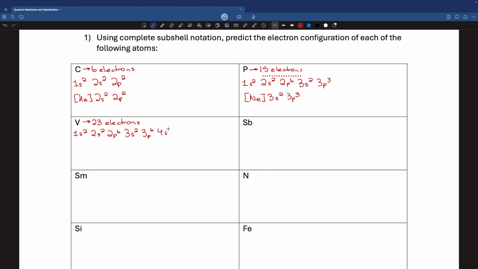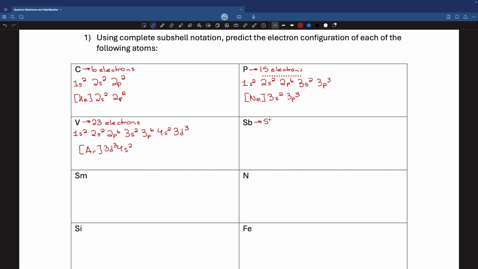And then 4s2, and 3d3. And the noble gas, which has slightly fewer electrons than vanadium, is argon. And it ends up being 3d3 4s2 for the shortened electron configuration.